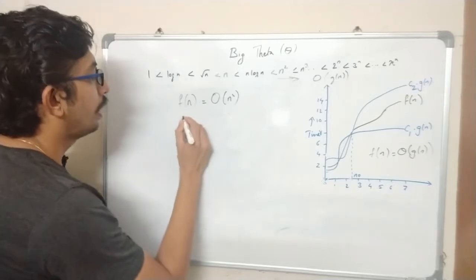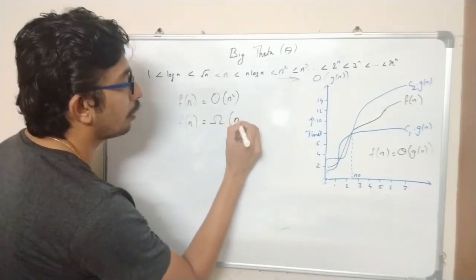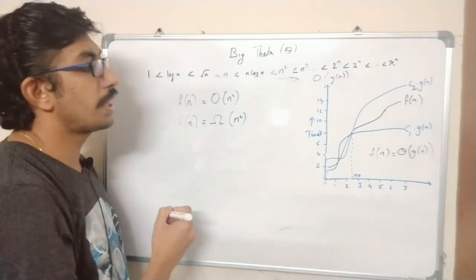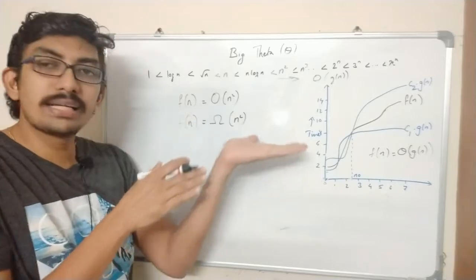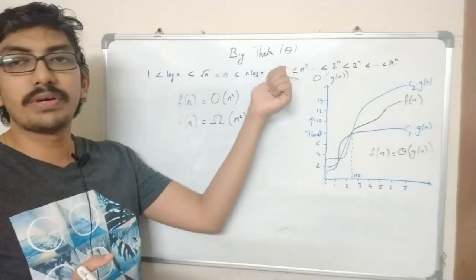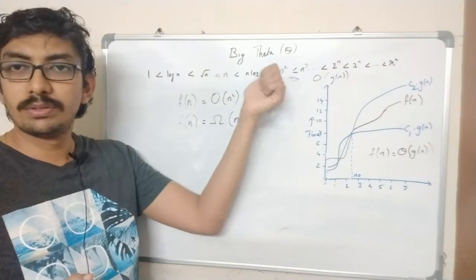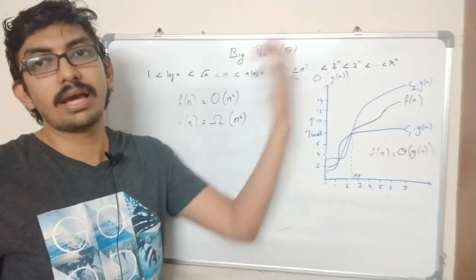Okay. And if I say f of n is big omega of n square, the meaning is that it is acting as a lower bound. Minimum it requires order of n square time to complete that function. It can be greater.